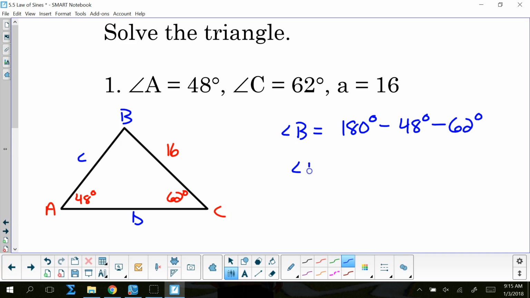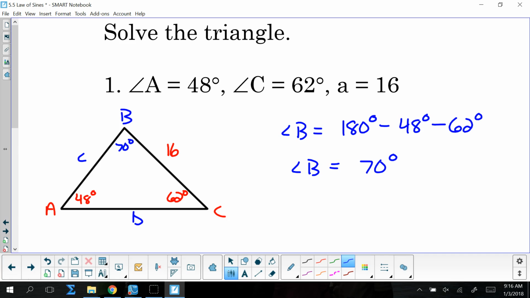And so I get here that angle B is what? 70? Check it again. 180 minus 48 minus 62. 70. Okay. So this is 70 degrees.